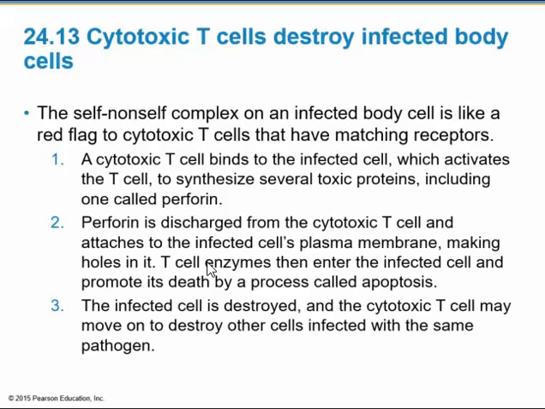It punches holes in the infected cell, and it promotes its death. So once the holes are punched in it, enzymes produced by the T cell will enter the infected cell and bring about its demise. And then that cytotoxic T cell will move on to destroy other cells infected with the same pathogen.